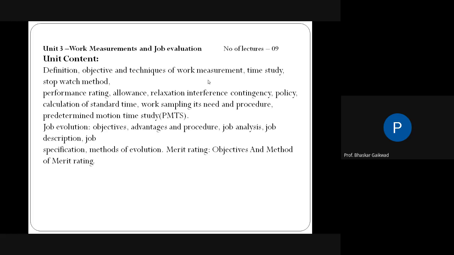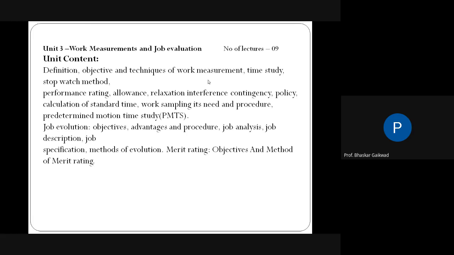Then what are the methods of job evaluation that we are going to see? Then merit rating, objective and method of merit rating. So what is merit rating? Merit rating means we have to decide the standard worker, and we have to compare that standard and his working time with other workers, and accordingly you have to decide the rating. So what is the importance of deciding the rating?